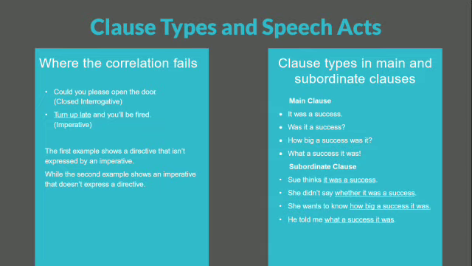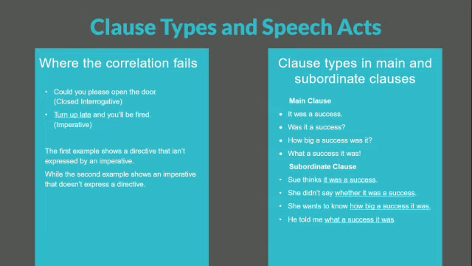Correlation di sini adalah korelasi antara clause types dengan speech acts. Jika kita lihat contohnya, dikatakan bahwa the first example shows a directive that is not expressed by an imperative. Jadi contoh yang pertama menunjukkan directive yang mana seharusnya diekspresikan melalui klausa imperatif.